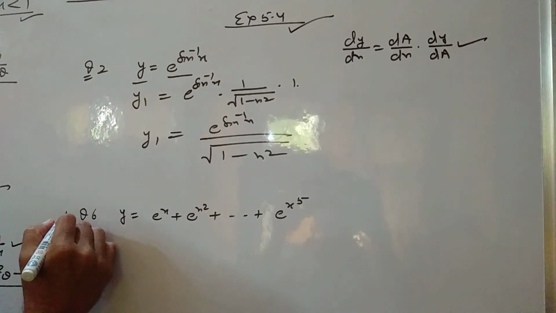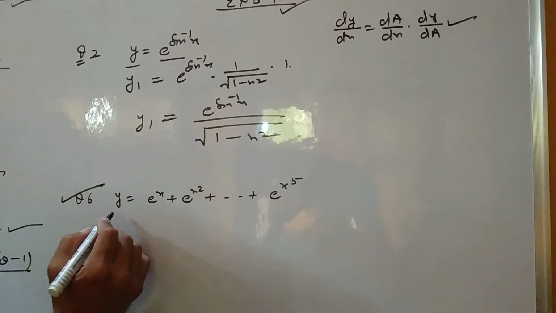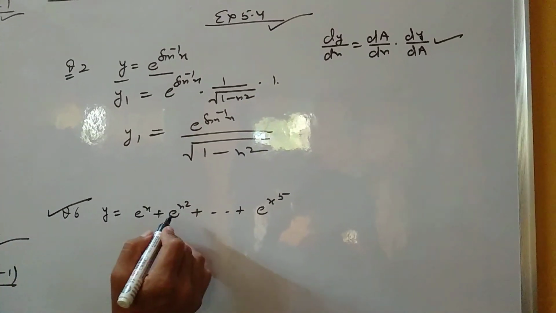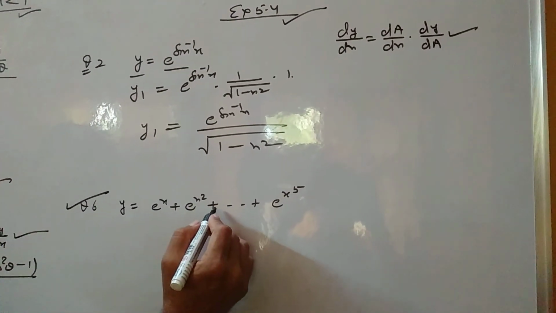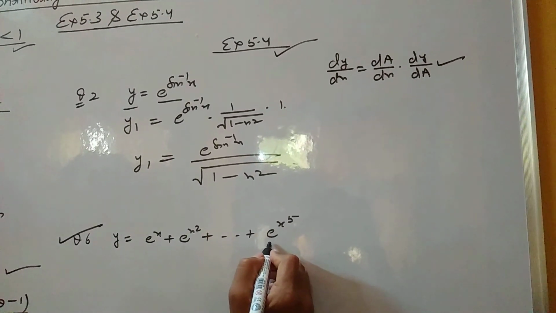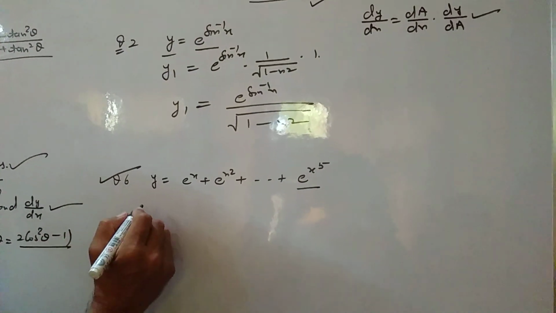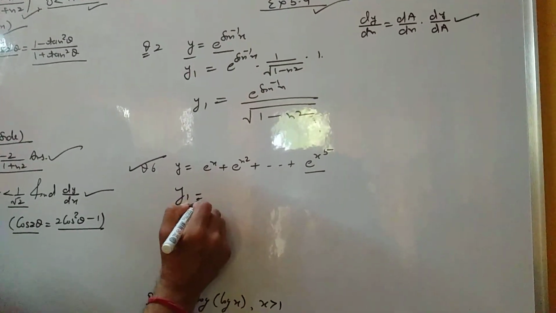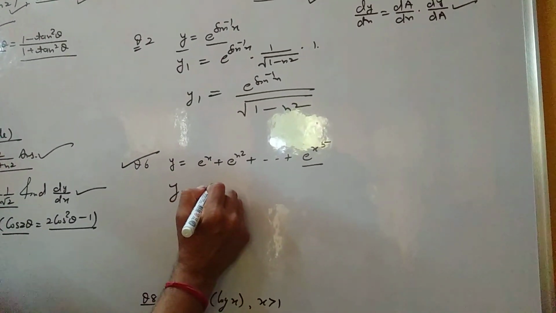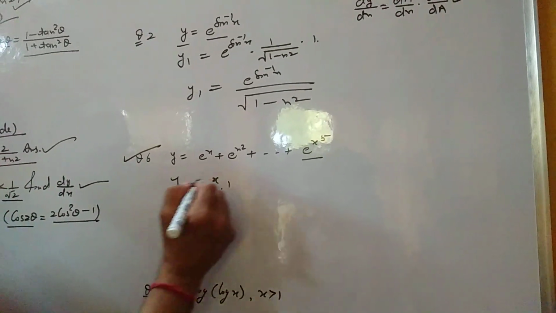Similarly, see question number 6. Find dy by dx if y is equal to e to the power x plus e to the power x square plus dash dash dash, and the last term is e to the power x to the power 5. So differentiate both sides now. y1 is the differentiation of e to the power x, which is e to the power x into 1.